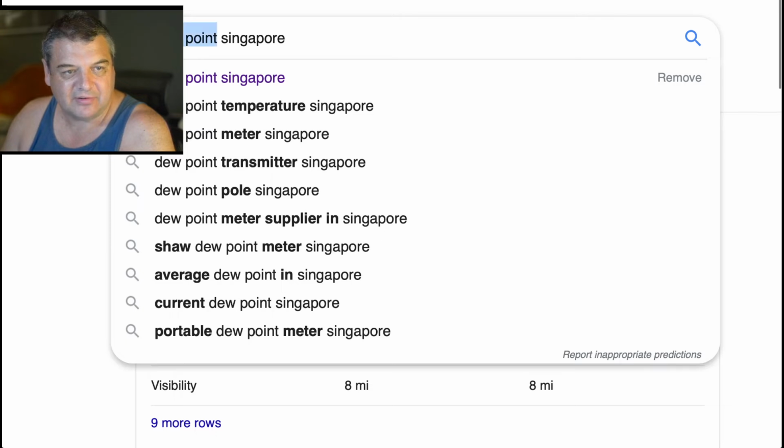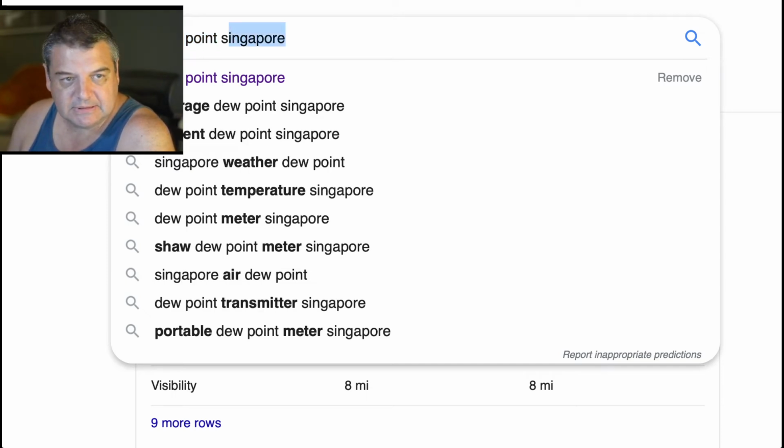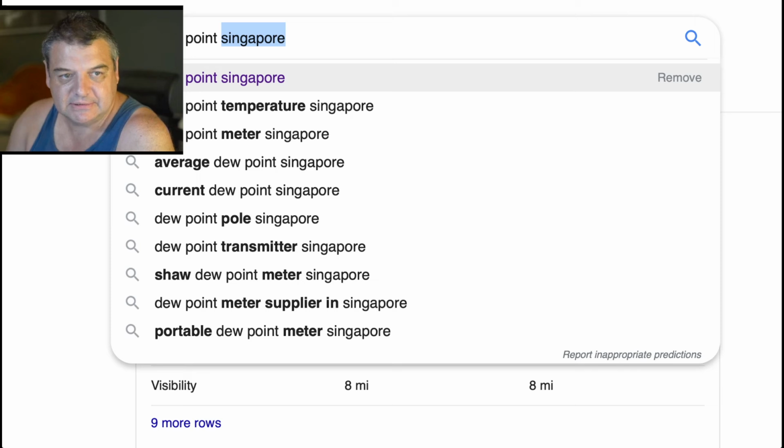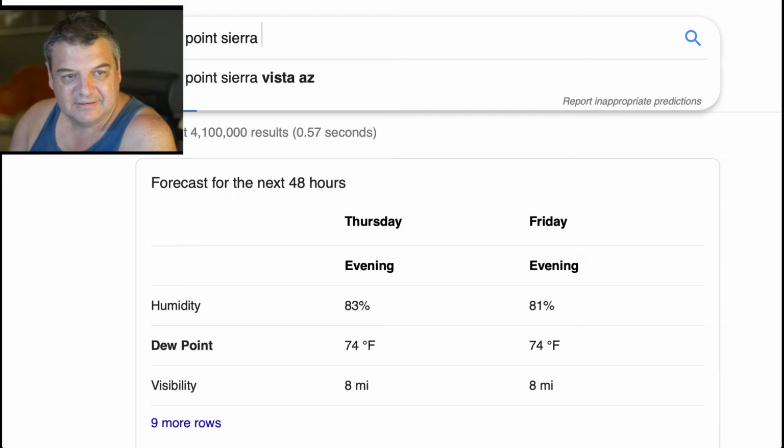Let's contrast it to, say, I'm just thinking of where it would be dry at the moment. Maybe over in the US. No, I'm thinking, where would it be dry at the moment? Dew point. Sierra Vista, Arizona.